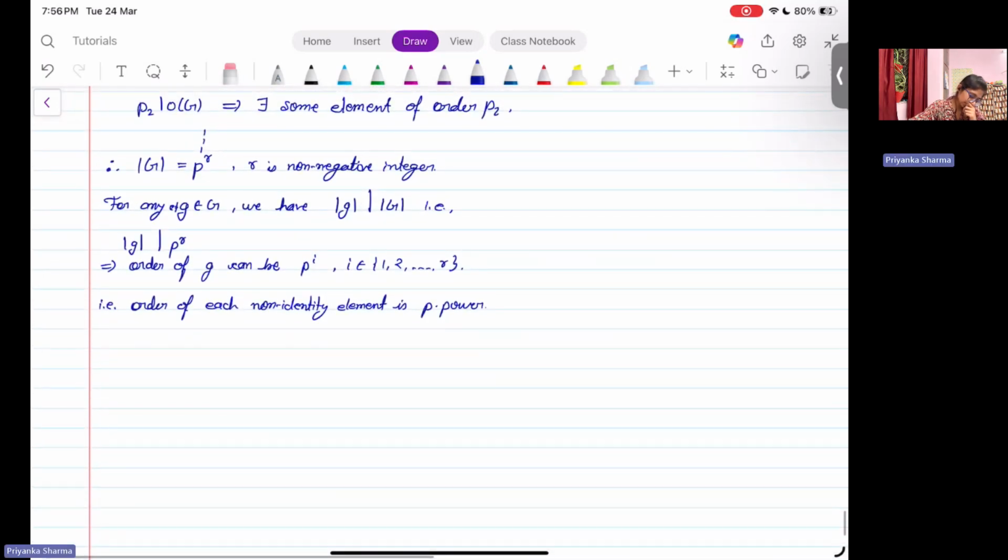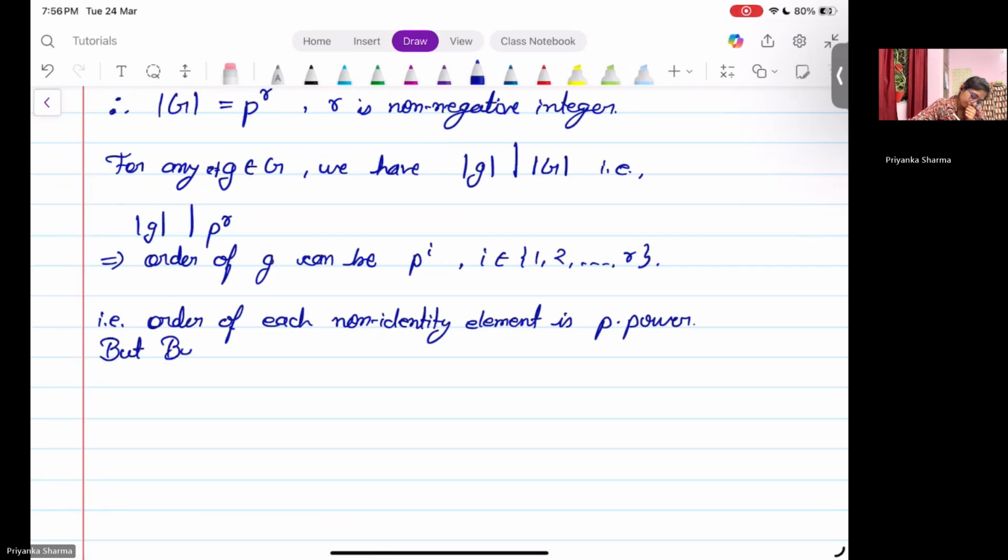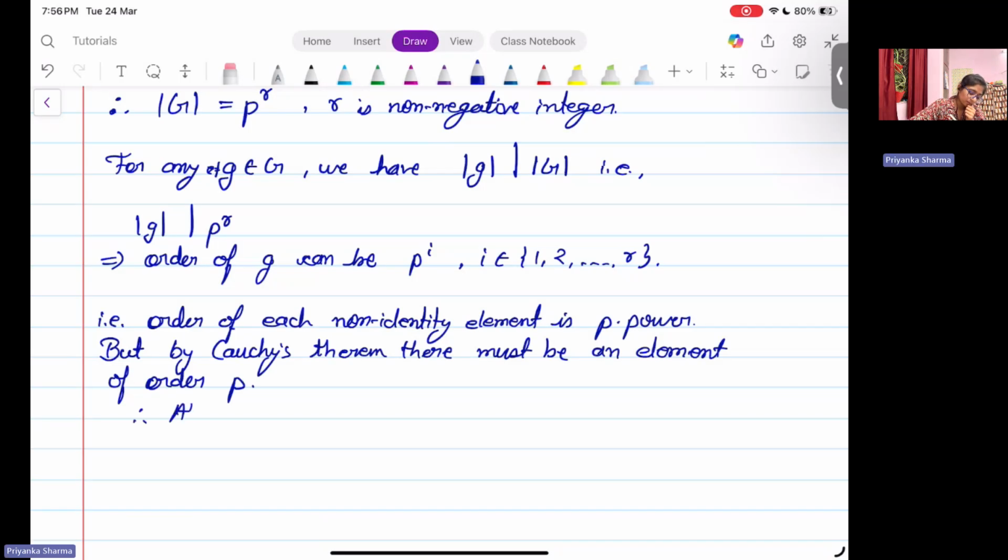Or directly we can say there must be an element of order P. Therefore, all non-identity elements have the order P power.